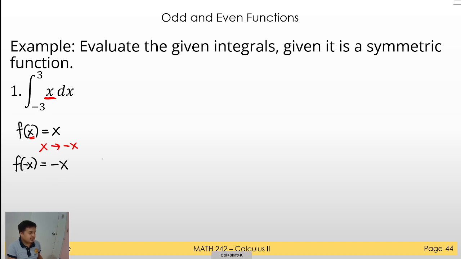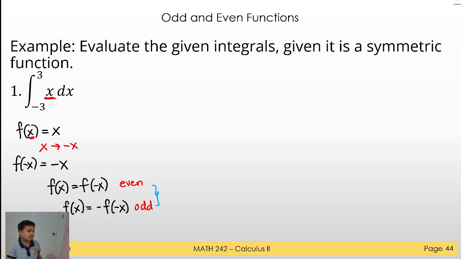And as we can see, the relationship of these two: if f of x is equal to f of negative x, then this is even. And if f of x is equal to negative f of negative x, then this is odd. Which of the two definitions is correct here? Definitely not this one, so probably this one.